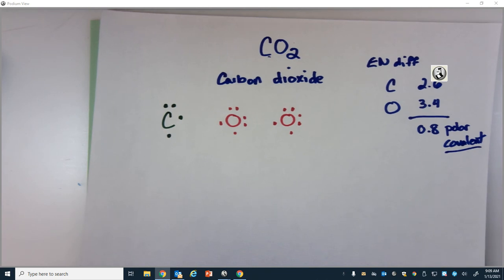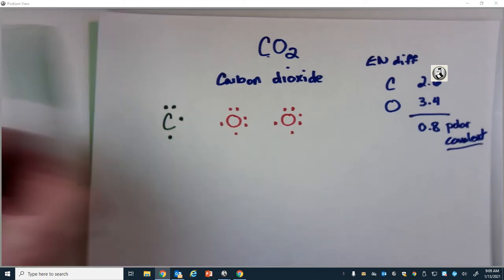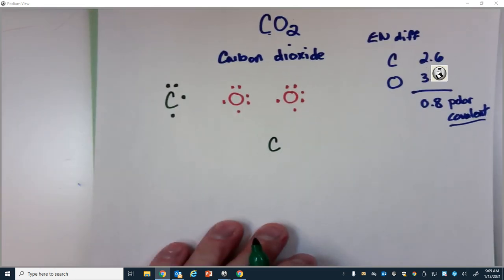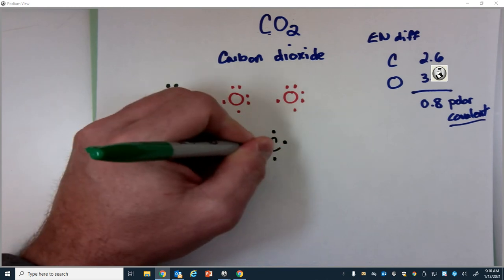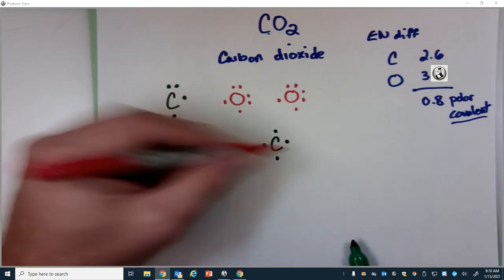So we have to ultimately end up with carbon with 8 electrons around it, oxygen with 8, and oxygen with 8. So like I said before, because you have 1 atom and 2, you're going to have a central atom, which is going to be carbon in this case. I'm going to tell you more often than not, carbon is going to split out its electrons like this, 1 on each side. So I'm just going to start that off right now. Okay, we're going to put an oxygen on whatever 2 sides you want.